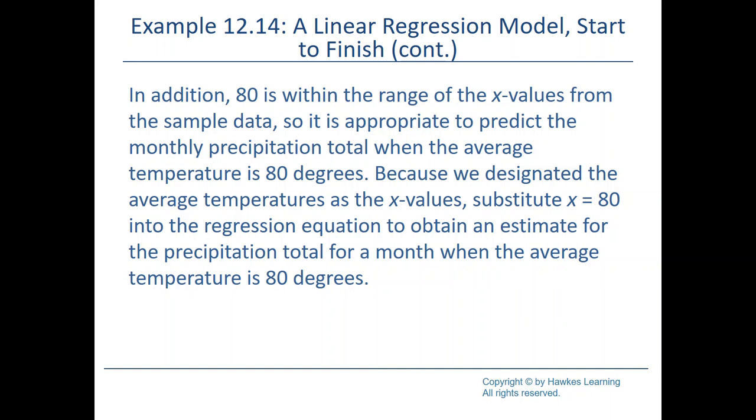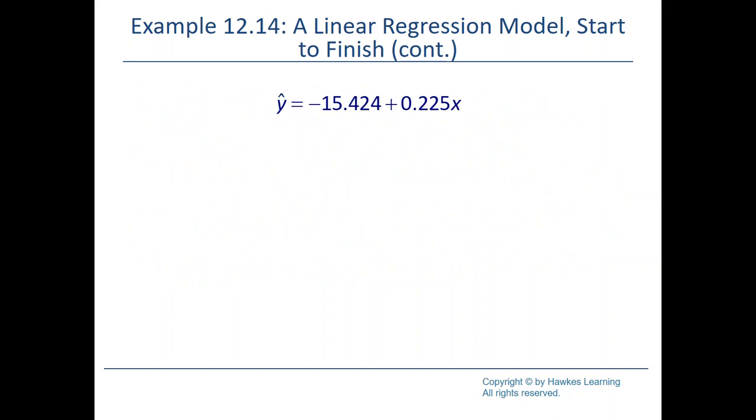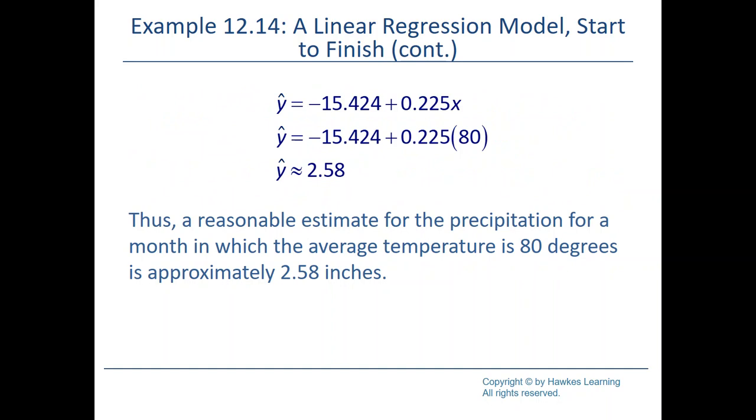So we're going to plug in x equals 80 and figure out what our precipitation total will be for that month. Using that model, replacing x with 80 and simplifying, gives us about 2.58. Is this reasonable? Yes. It's a reasonable estimate for precipitation for a month where the average temperature is 80 degrees. We can expect about 2.58 inches of precipitation.